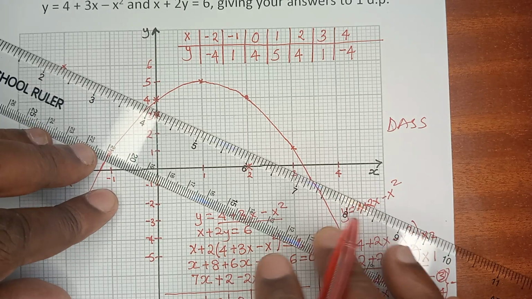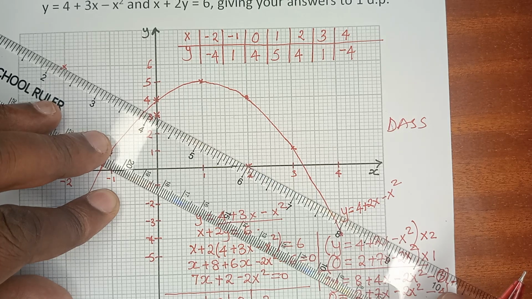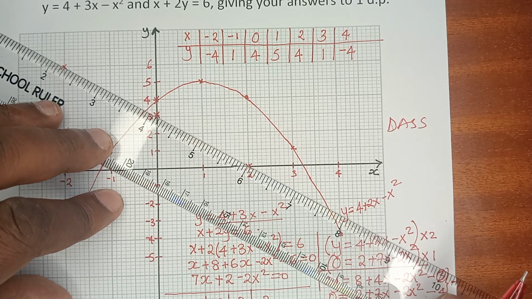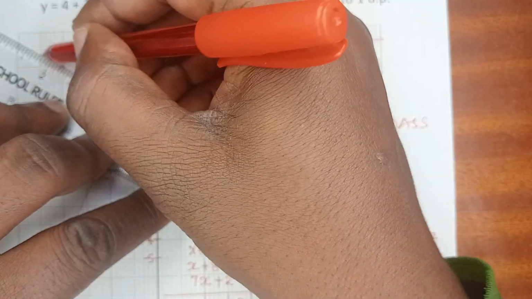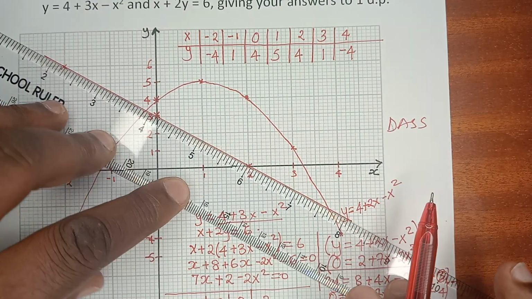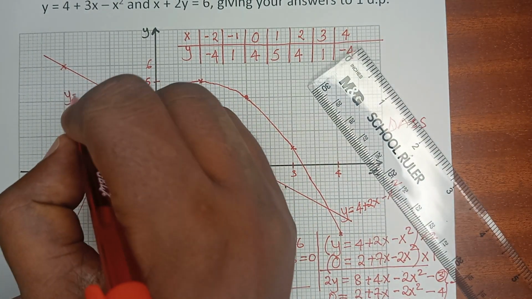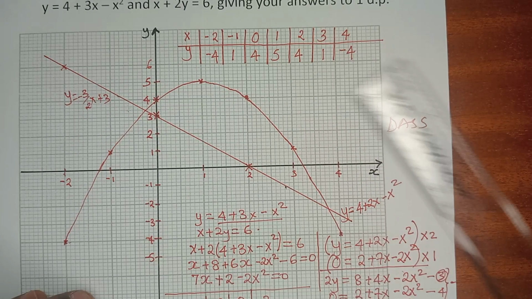Let us be there. And as you can see, that is now what we have. A very good straight line joining the 3 points. We can even name it y = -3/2 x + 3.